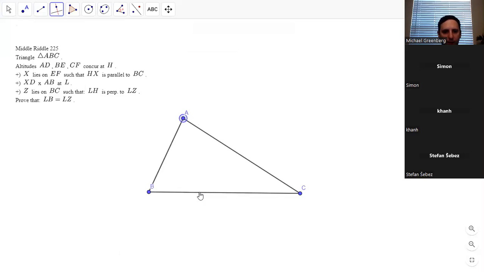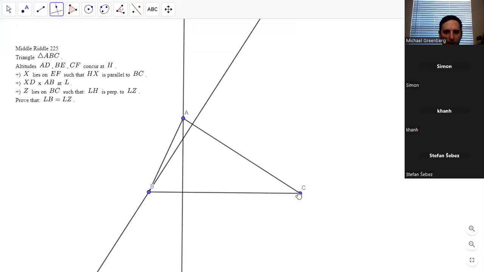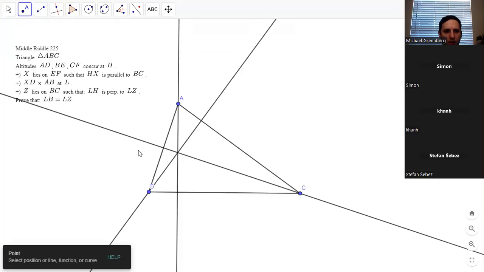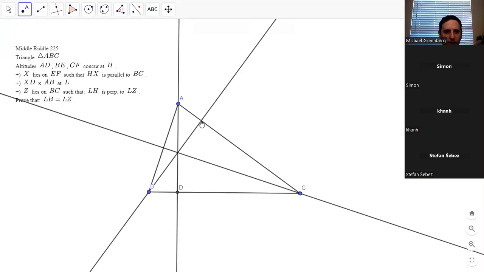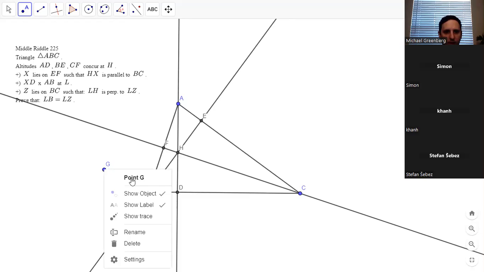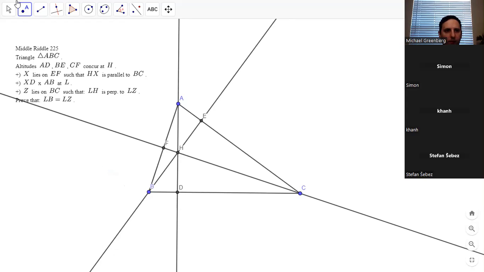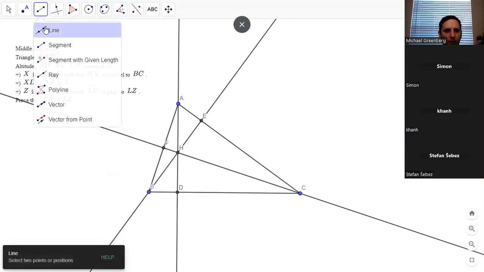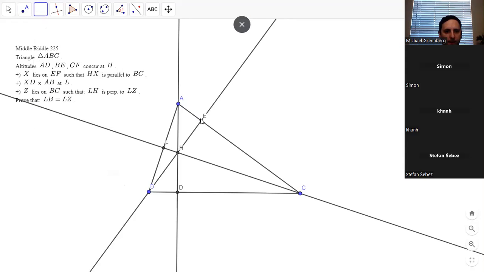So we have AD, BE, and CF, and they meet at the orthocenter. Let's see, D, E, F, and this is H. X lies on EF such that HX is parallel to BC.